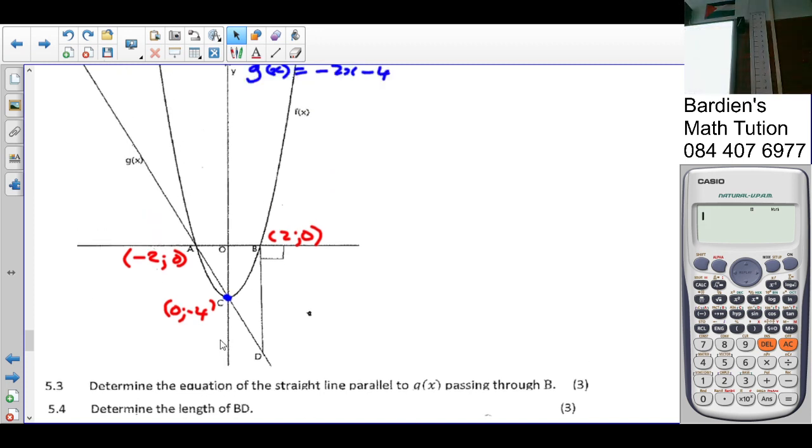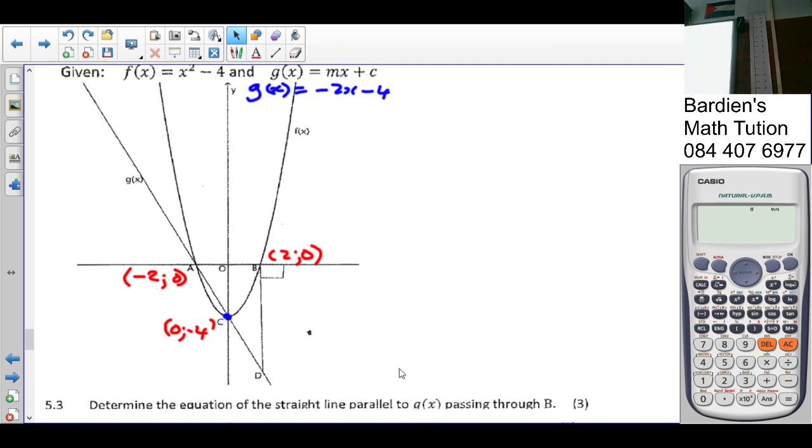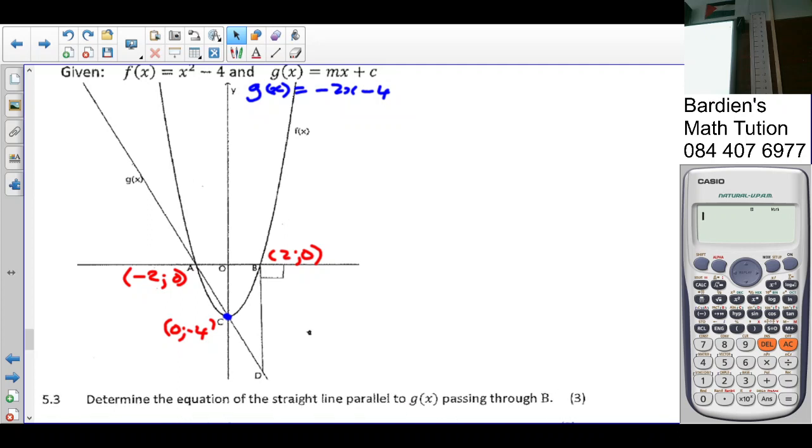The next question, we are told: determine the equation of the straight line parallel to g of x passing through B. So if lines are parallel, what do we know? Gradients are equal. So it's this line we're calculating, but going through B. Can you see that, people?